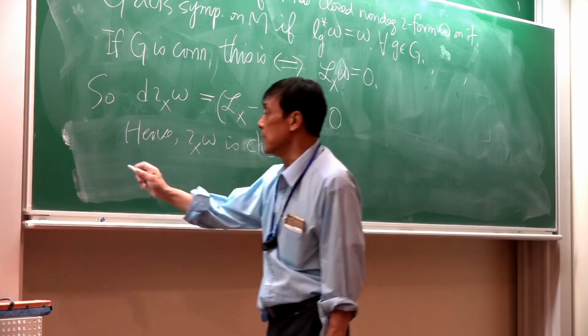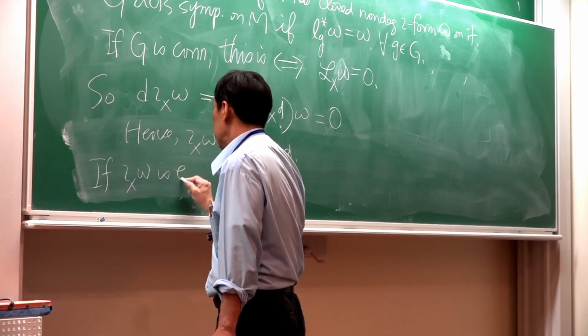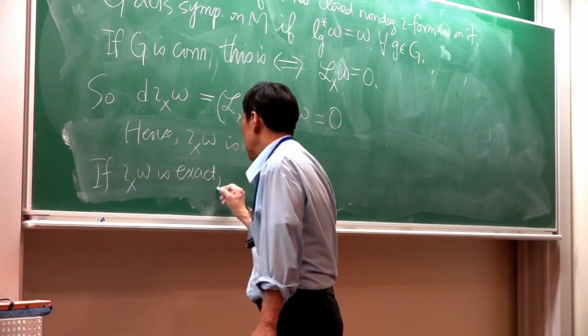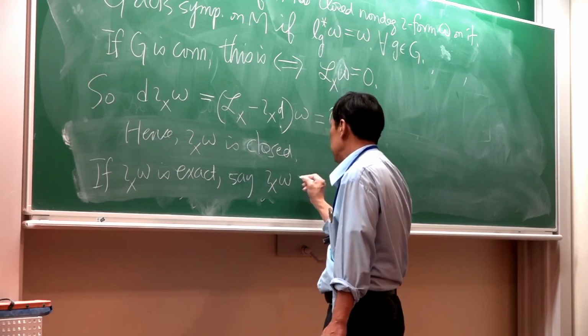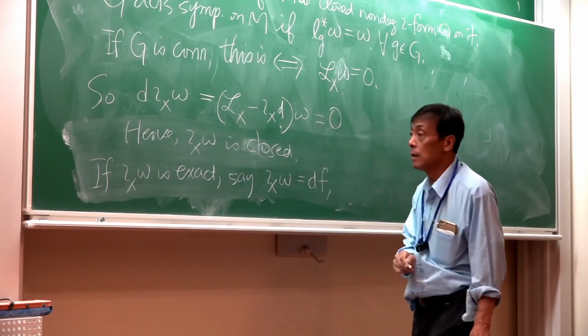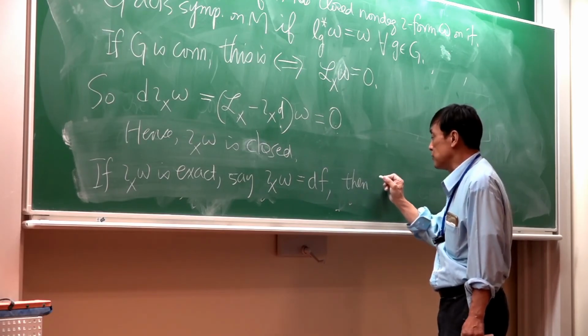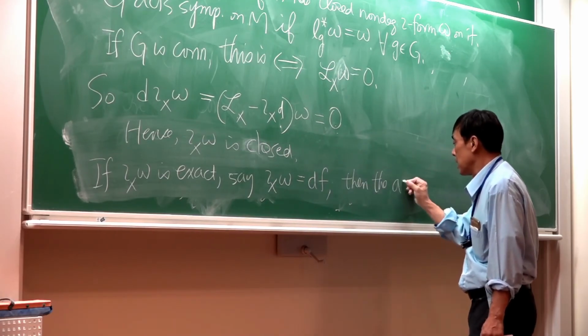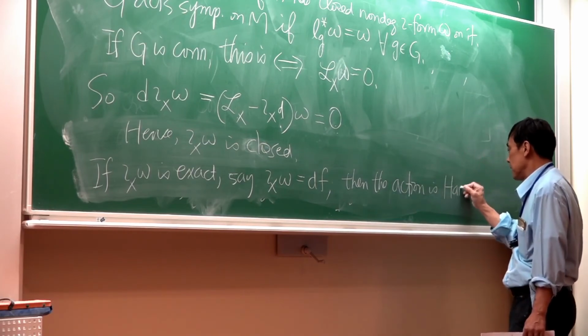And if I_X omega happens to be exact, say I_X omega is df, then the action is said to be Hamiltonian.